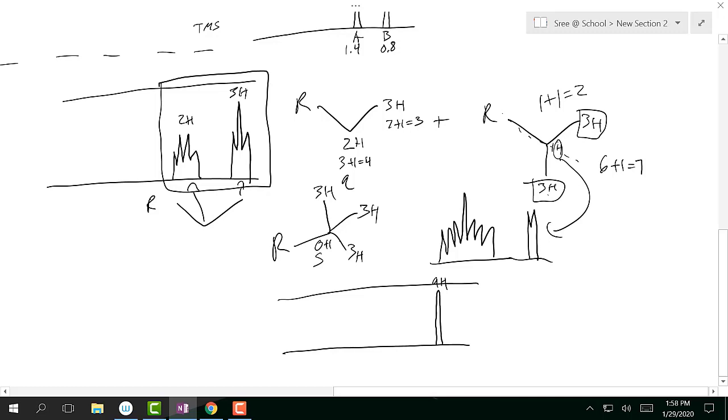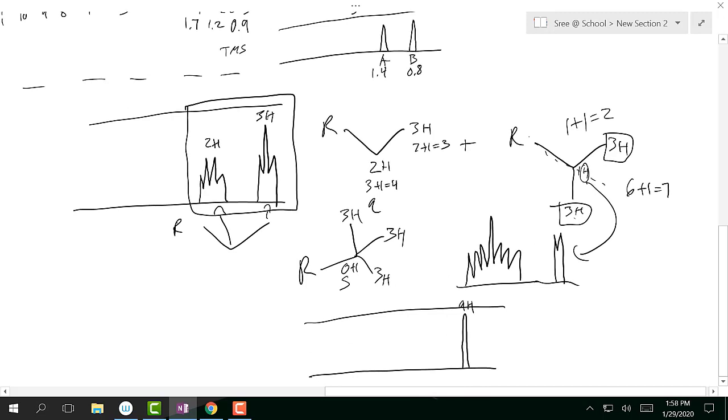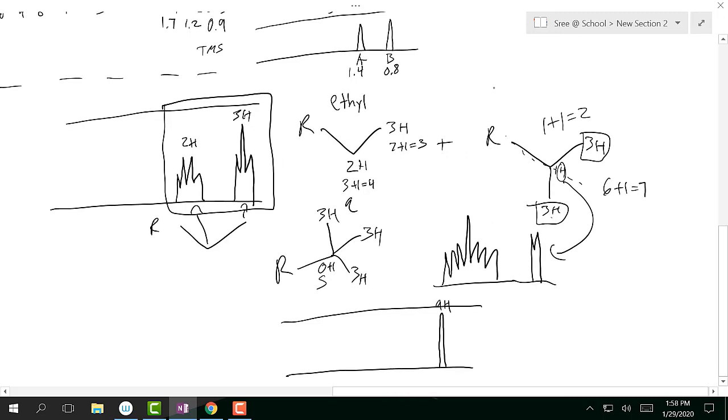There's no peaks for just 0 hydrogens. Okay? So to summarize, you have your ethyl here, your isopropyl here, and your tert-butyl here, t-butyl. Okay.